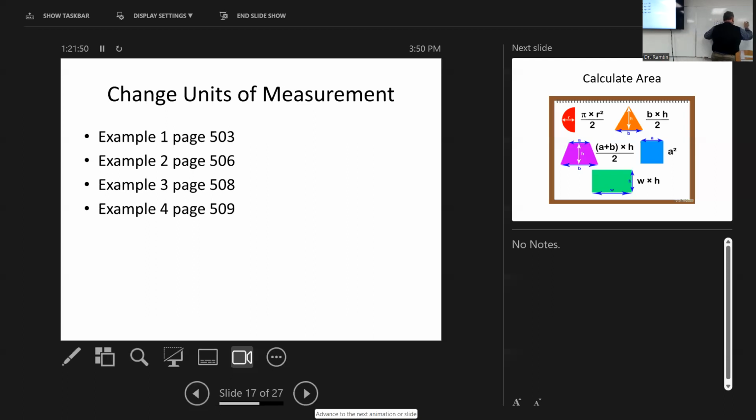We want to convert that to hectometers. So I have to multiply that by a fraction, and the millimeter goes in the denominator.